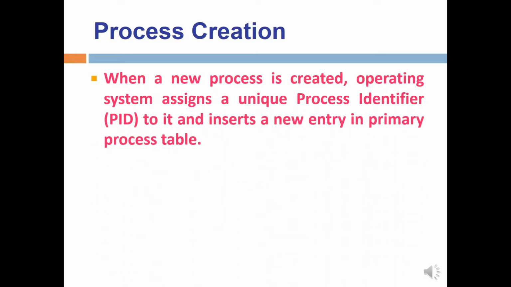When a new process is created, the operating system assigns a unique process identifier, that is process ID, to it and inserts a new entry in the primary process table, which can be visualized from the process control block, that is PCB.